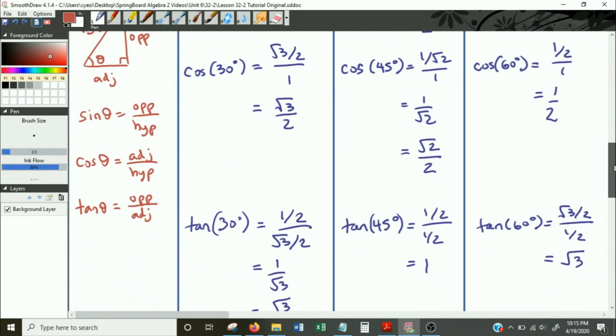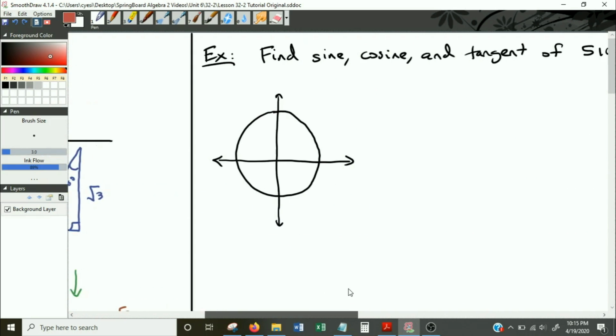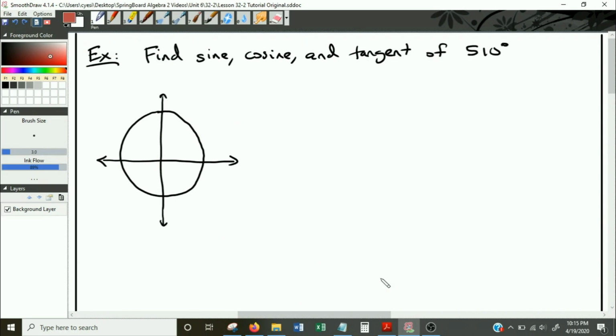Knowing all this, let's go through some examples and see if we can apply what we know to solve some problems. The first question is to find the sine, cosine, and tangent of 510 degrees. The first thing we want to do is subtract 360 degrees from 510, so that we can get an angle less than 360 but bigger than 0.